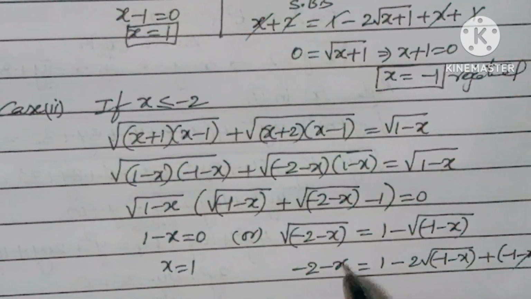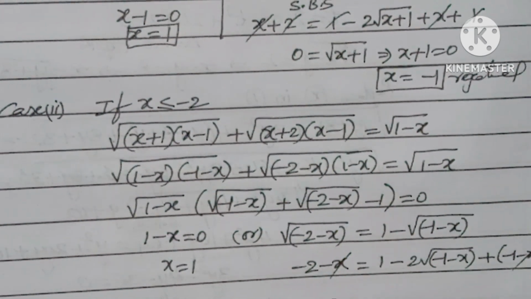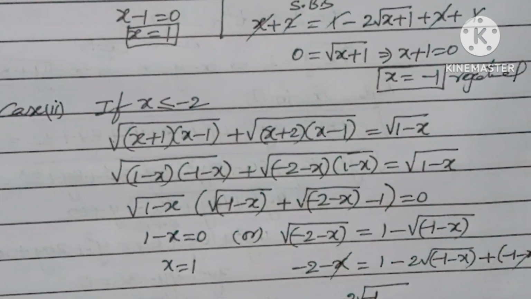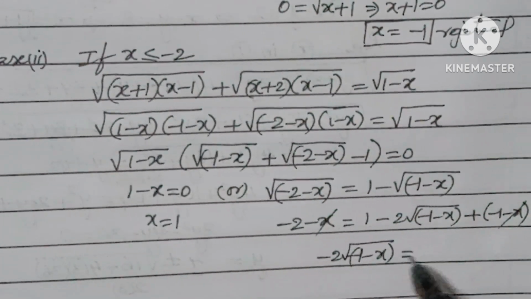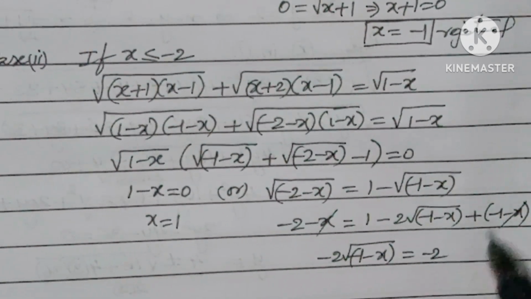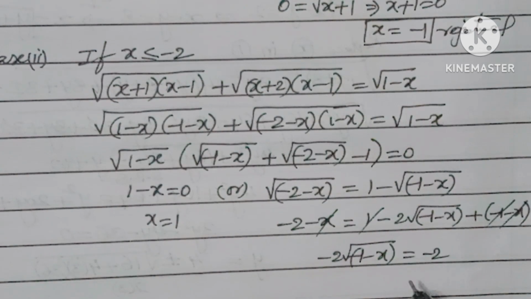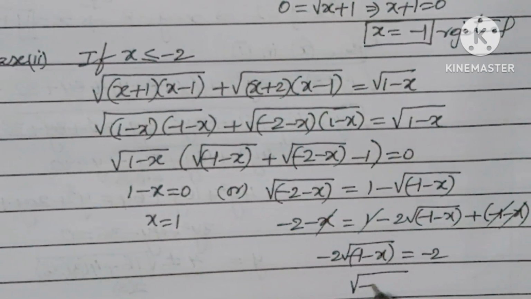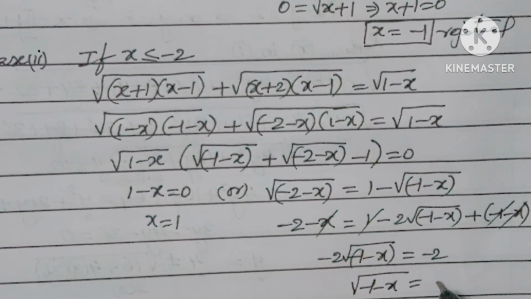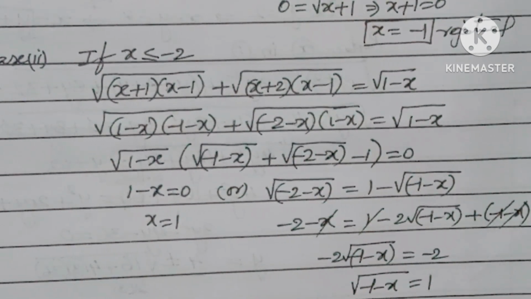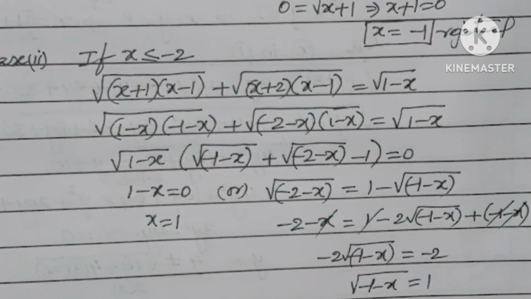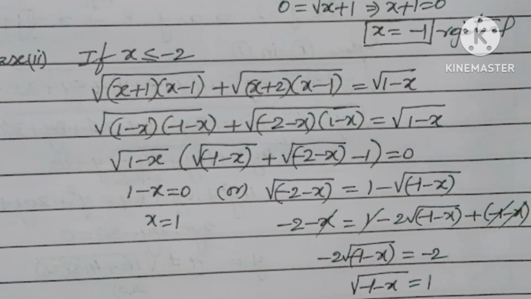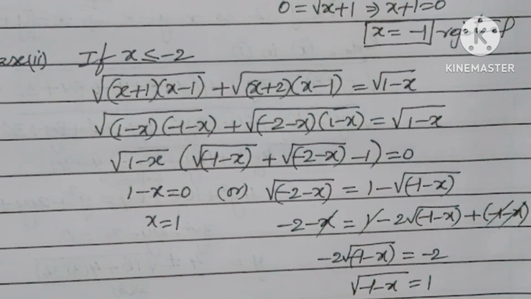So here x gets cancelled. Minus 2 root of minus 1 minus x is equal to minus 2. The 1 gets cancelled. Square root of minus 1 minus x equal to 1. Minus 1 minus x equal to 1. x is equal to minus 2. So this is accepted.